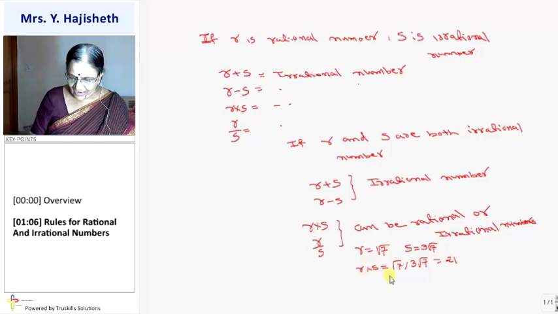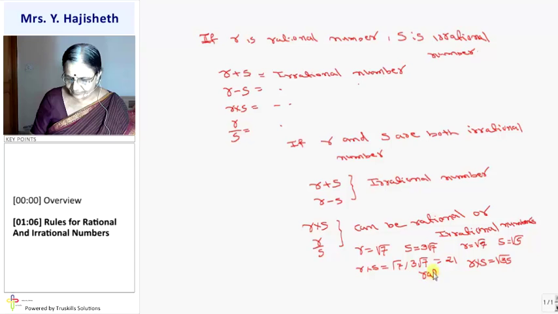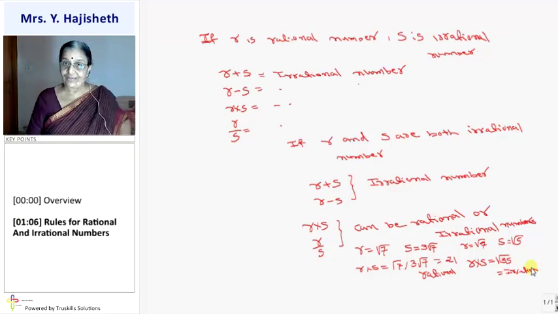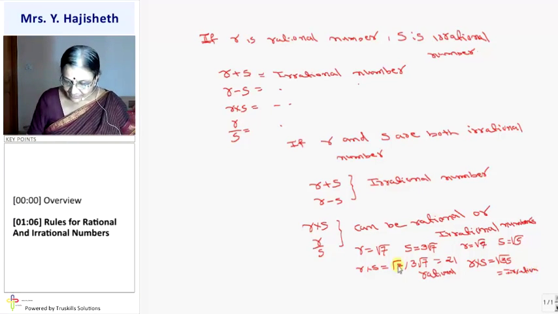But suppose R is root 7 and S is root 5. Then R into S is root 35. So here it is rational, and here we get the answer as irrational. Okay? So we are not sure about that. Sometimes the product is rational, sometimes the product is irrational.